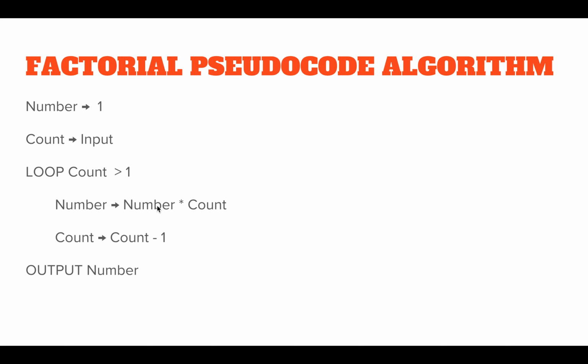And so this is the trick. We take the old answer, we take the number, and we say that number is currently 1, and we multiply it by the count. So if they said, I want to start my counting at 5, this would be 1 times 5, which would be 5. Store that answer in number. Decrease the count, so now count is 4. Come back up here, is 4 greater than 1?